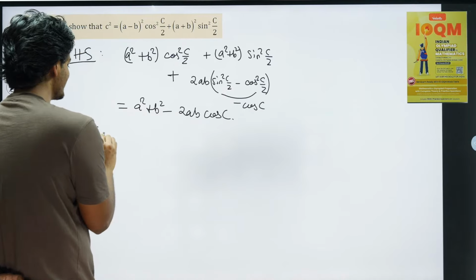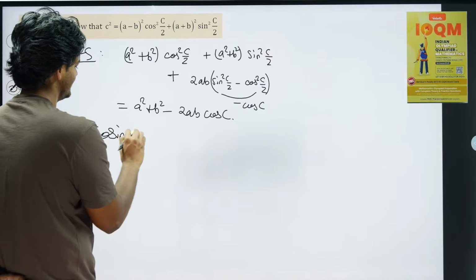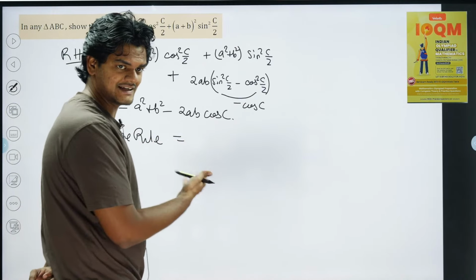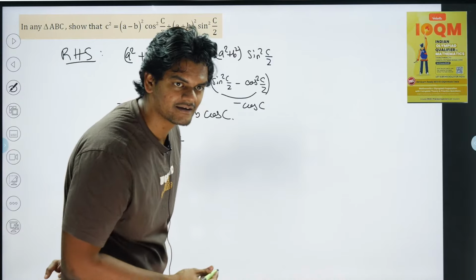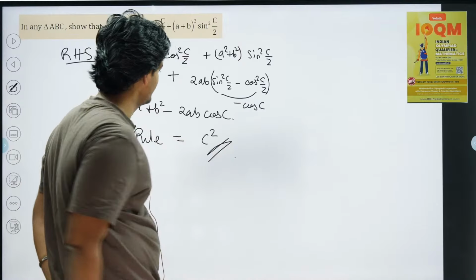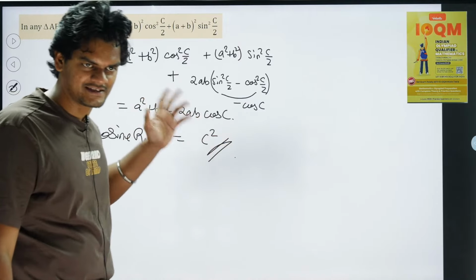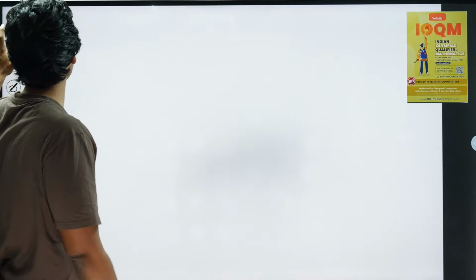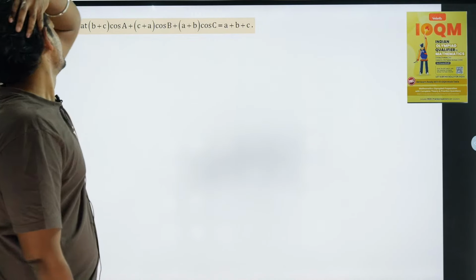Now this is basically cosine rule. This is cosine rule. Cosine rule has been written in a different way. That's it. Okay.